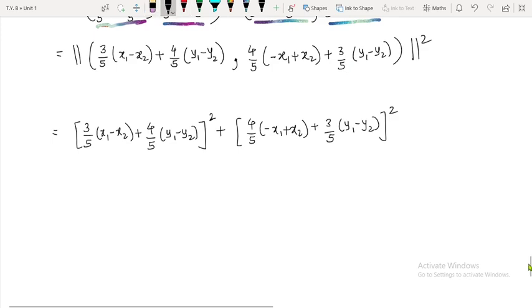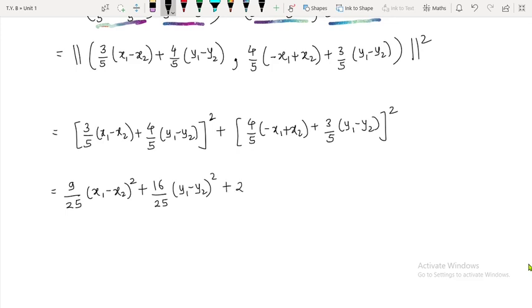Okay, now simply doing some calculations. So square it. The a plus b whole square formula you have to use, a square plus b square plus twice ab. So this will be 9 upon 25 (x1 minus x2) square plus 16 upon 25 (y1 minus y2) square, plus twice ab.